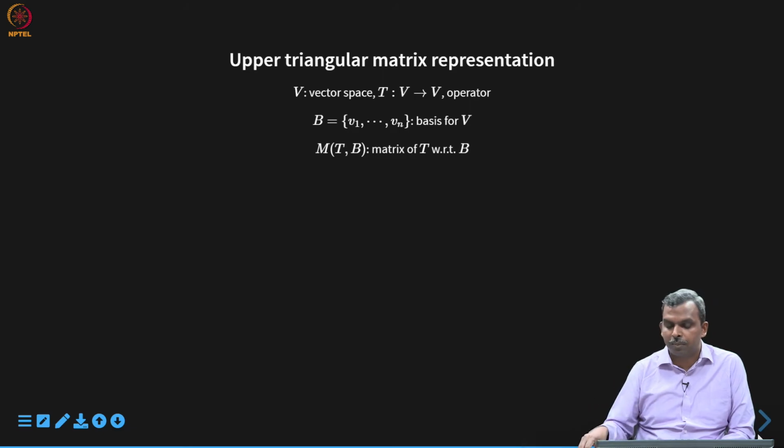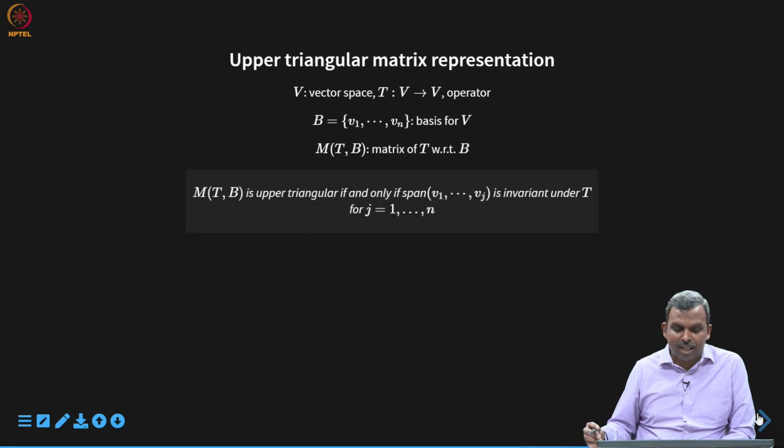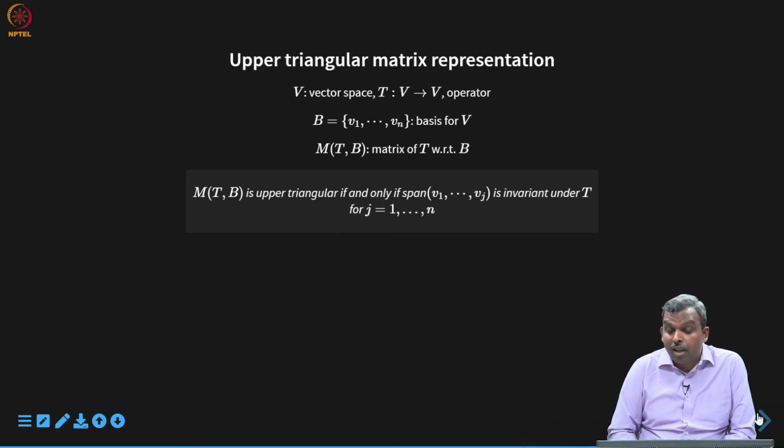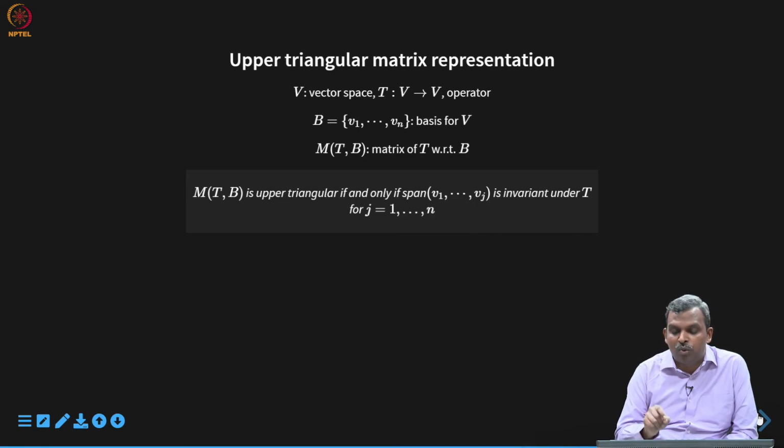So we know how to do this. We know this very nice result about upper triangular matrix representations, but what do upper triangular matrix representations really mean? This matrix will be upper triangular if and only if the span of V1 to Vj, for every j, is invariant under T.